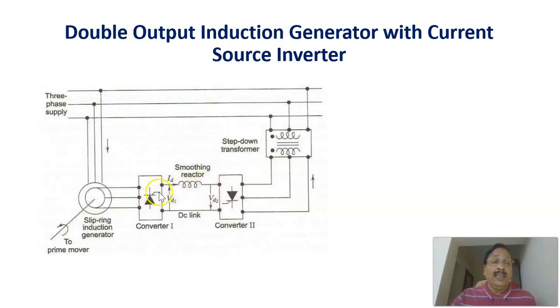That constant current is converted into the output AC voltage, which is connected to the grid through a transformer. Therefore, this is a block diagram representation of a doubly fed induction generator with current source inverter. Here one converter rectifies, and the other is acting as an inverter.